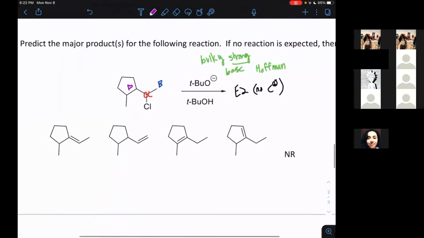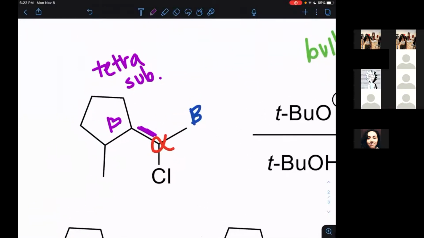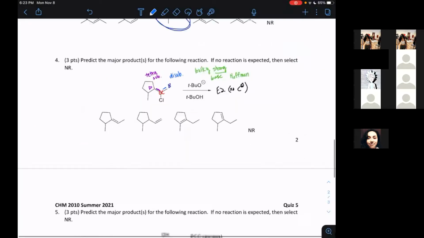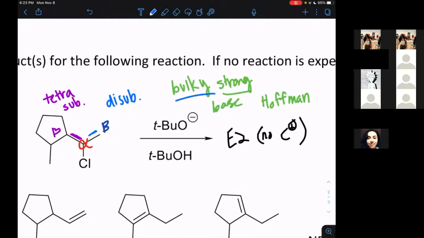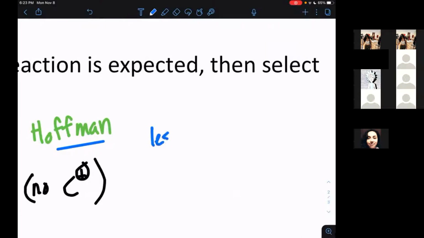So let me just see. If you were to go this way, you would have a tetra-substituted one, and if you went this way, you'll just have a di-substituted one. And then since it's a bulky strong base, we go with Hoffman's, which means it prefers less substituted alkenes.